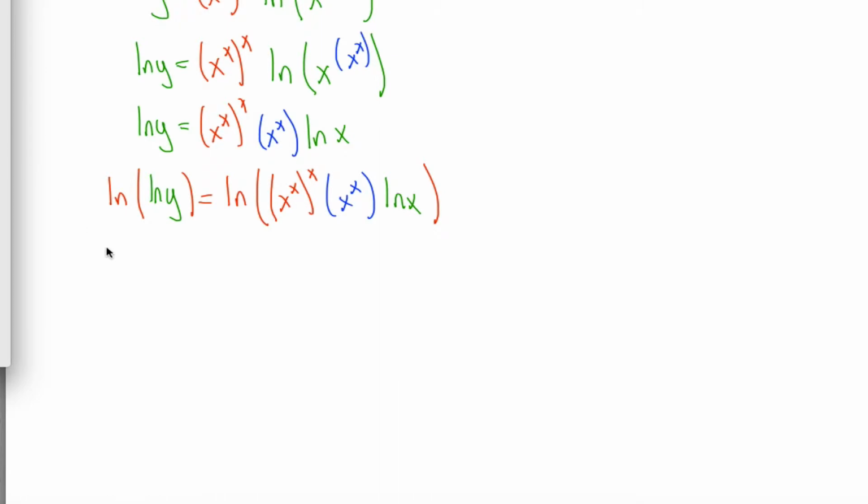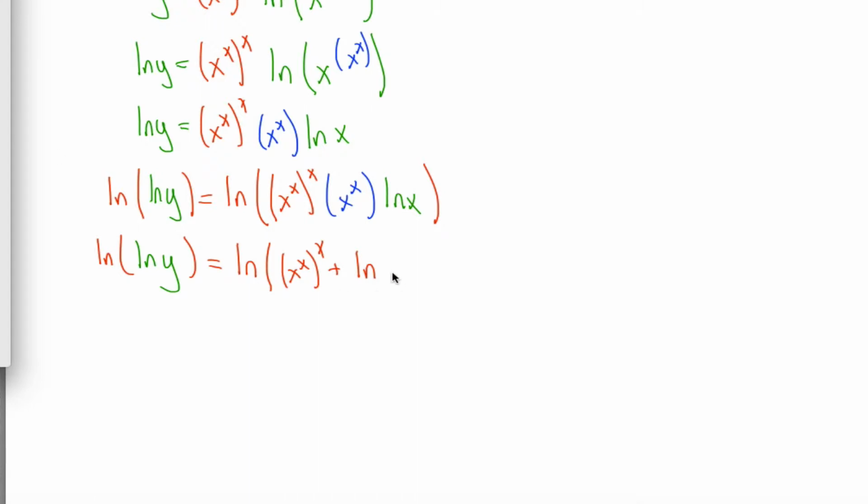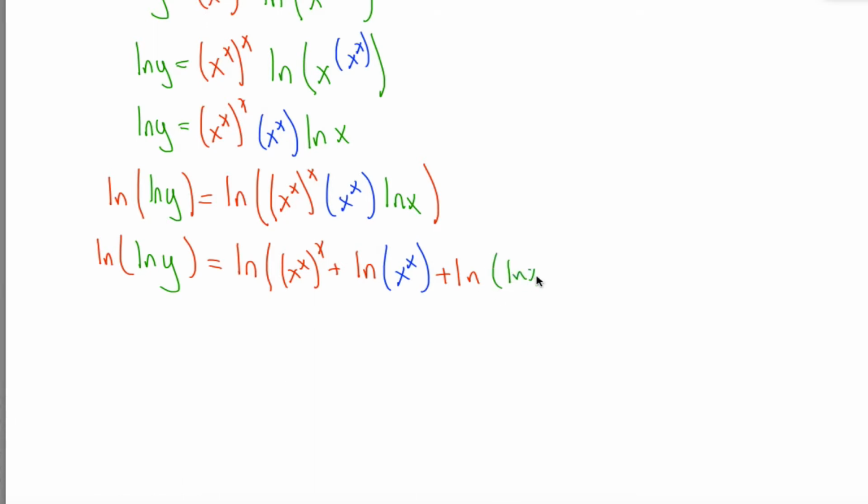So I'm going to leave the left side alone, the natural log of y. But on the right side here, I'm going to use my first log rule to rewrite this as the natural log of x to the x raised up to the x, plus the natural log of x raised up to the x, plus the natural log of the natural log of x.